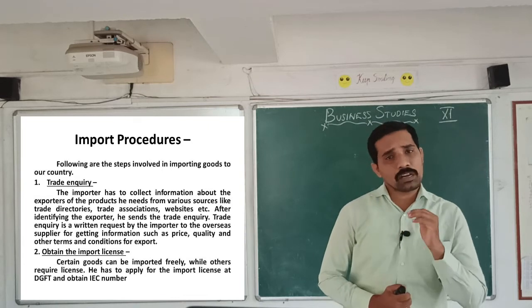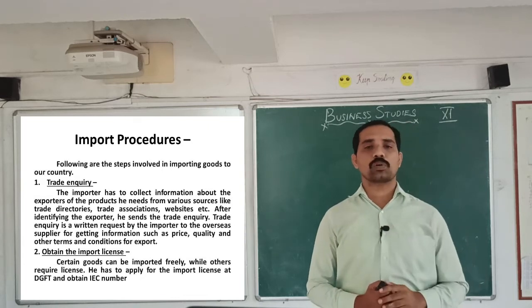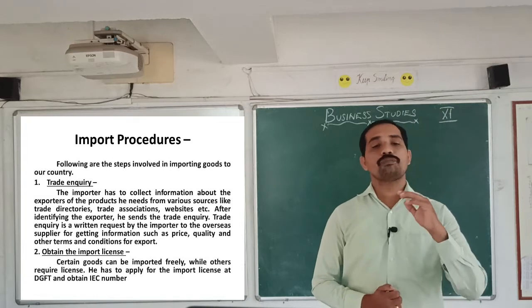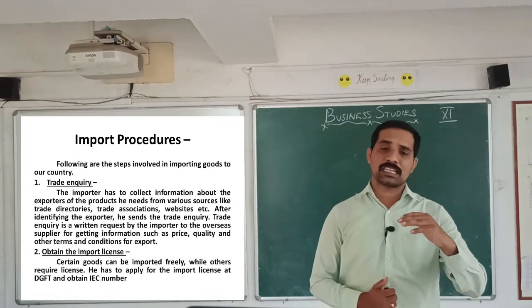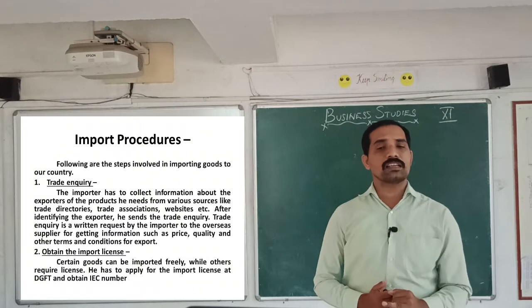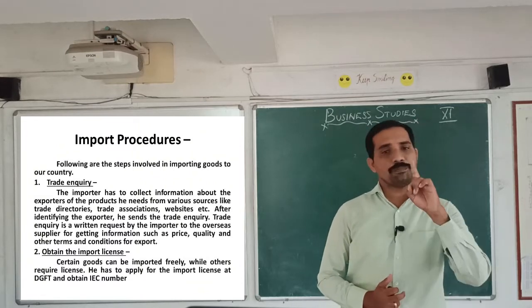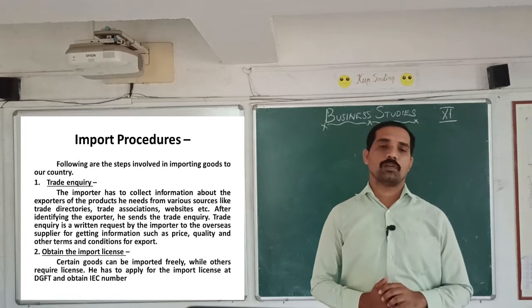Trade enquiry means a written request by the importer to the overseas supplier for getting information such as price, quality and other terms and conditions for export. That is the first one, trade enquiry.